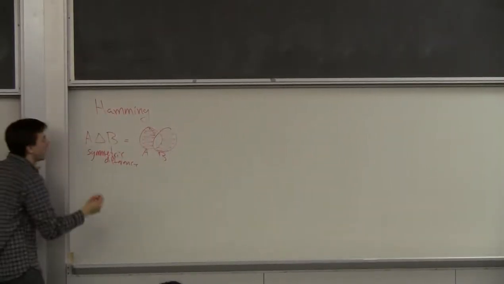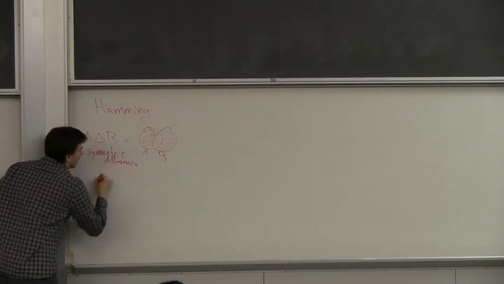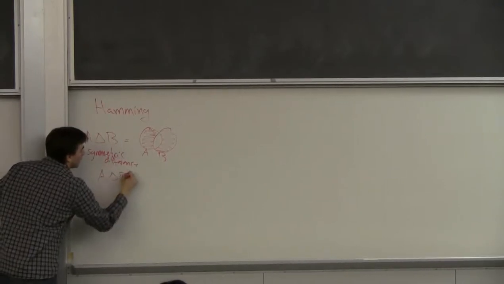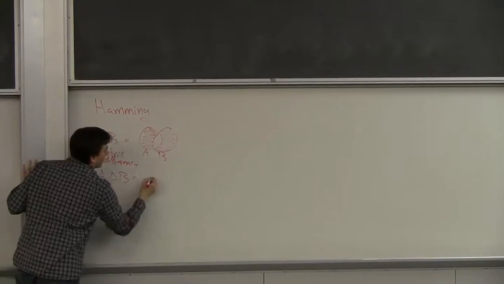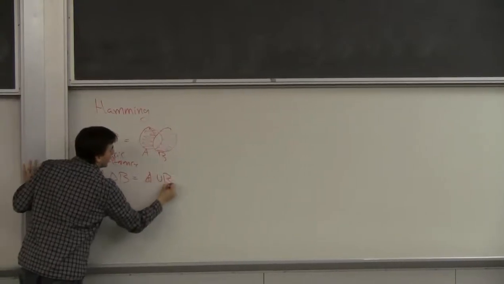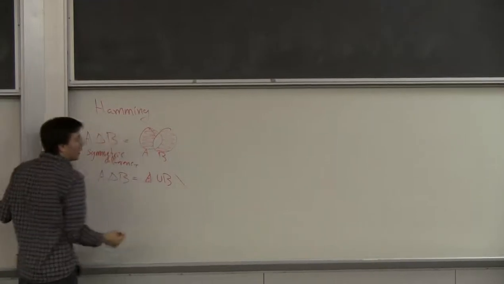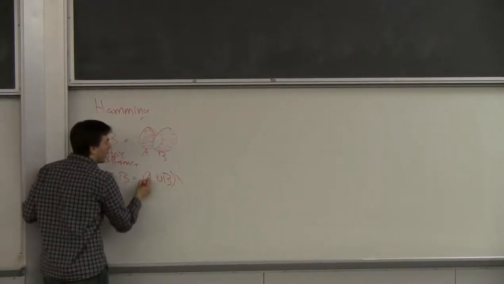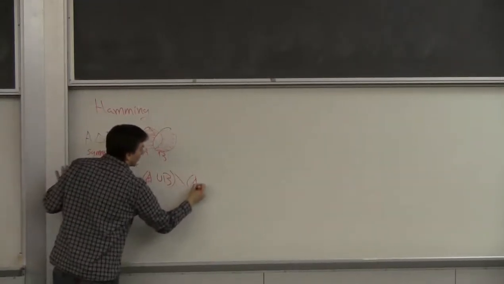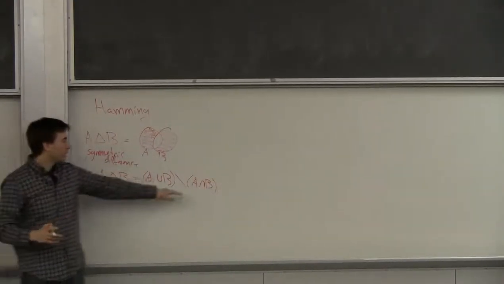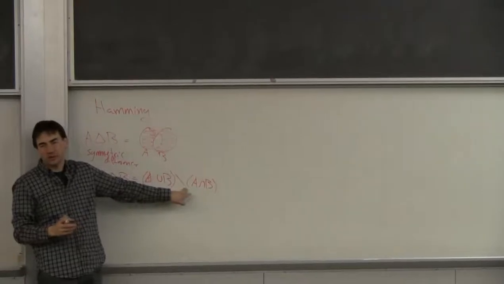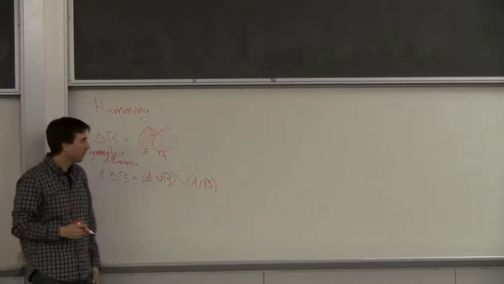One way of writing this is A symmetric difference B is equal to A union B, and then use what's known as a set minus of A intersection B. So this is like a minus operation with sets.